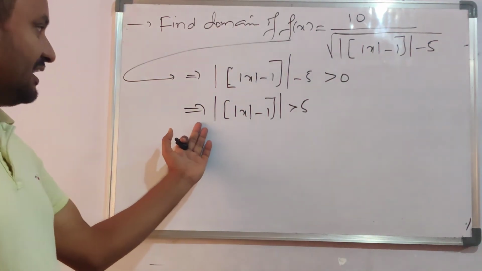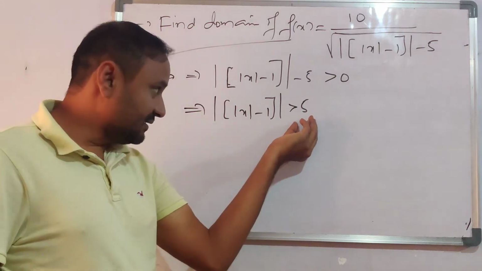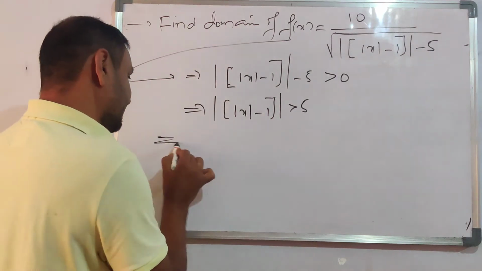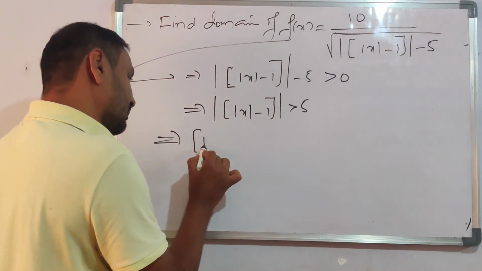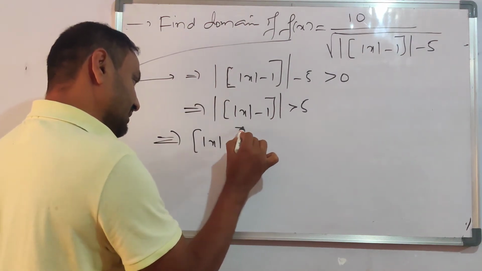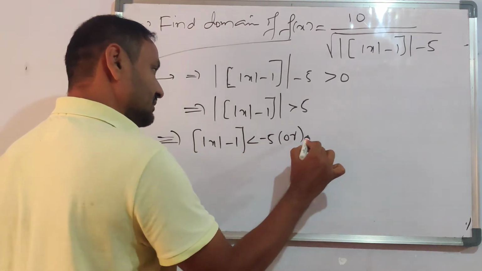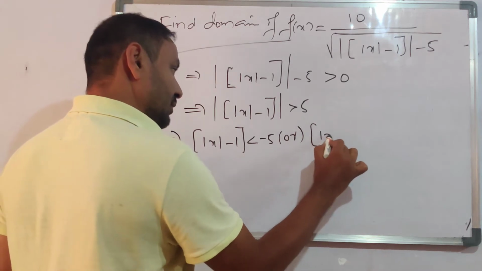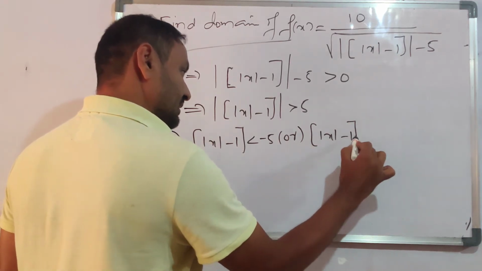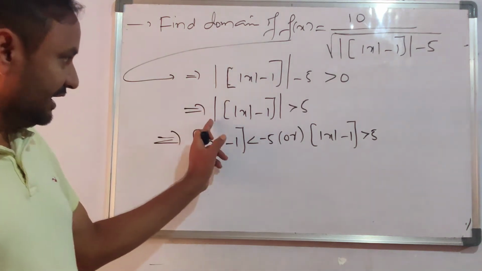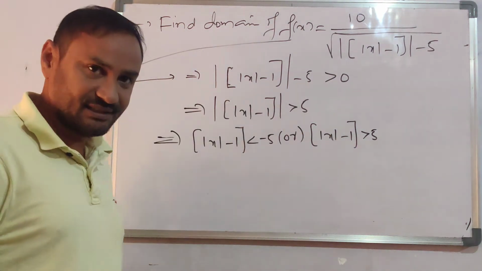So when we eliminate modulus, we get plus or minus 5. But here it is a greater than condition. From this we get step of mod x minus 1 less than minus 5, whereas step of mod x minus 1 greater than 5. When we eliminate modulus, we get plus or minus.